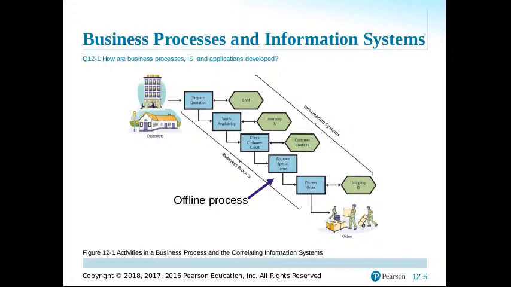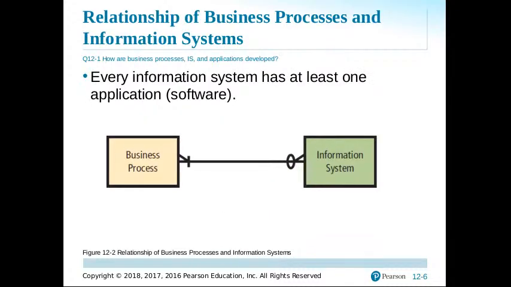There is no way for an information system to exist with no use. Okay, so that's the first thing we can observe for the relationship among business processes and information systems. And next, remember that each information system will be a software or a set of software programs, right? So for an information system here, they may have one software program or they may have more software programs.